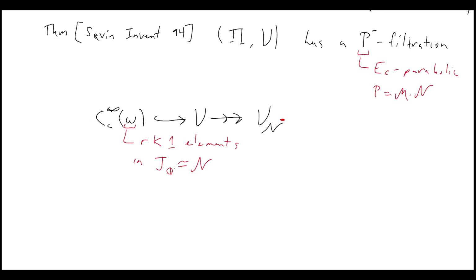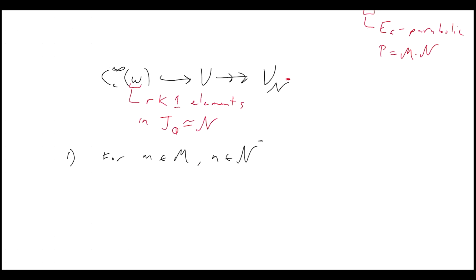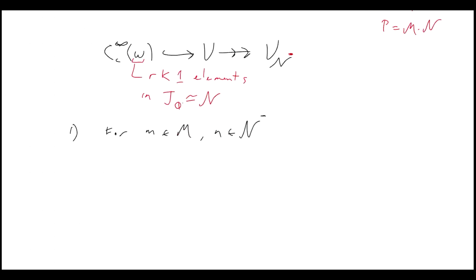Okay, so we have this filtration, but let me make this a little more precise. If we take an element in the Levi M and an element in N minus, and F in this space of functions, how does M act on F?